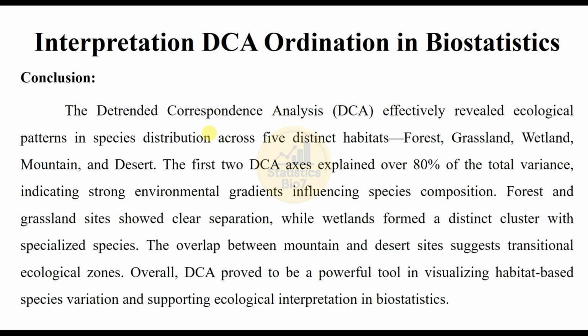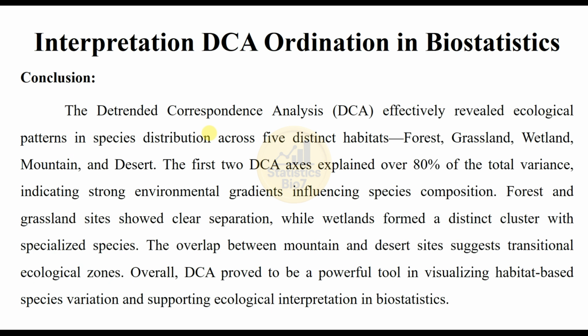So, the conclusion of the DCA ordination. Detrended Correspondence Analysis effectively revealed the ecological patterns in species distribution across the five distinct habitats: forest, grassland, wetland, mountain and desert. The first two DCA axes explained over 80% of the total variation, indicating strong environmental gradients influencing the species composition.